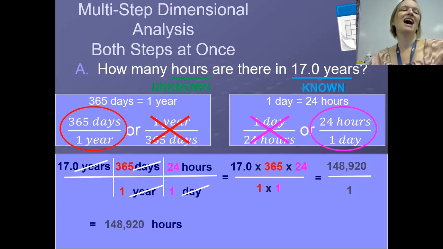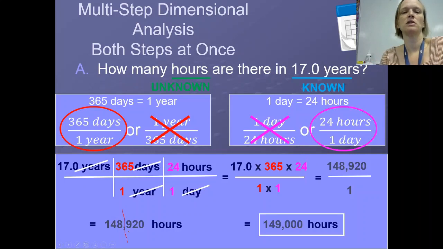But I'm not saying that I'm 17.000 years old. I'm saying, yeah, I'm about 17 years old. 17.0, like I turned 17 this week. So I only know this to 3 significant figures, so I can only report my answer to 3 significant figures, and that's 149,000 hours. Okay.